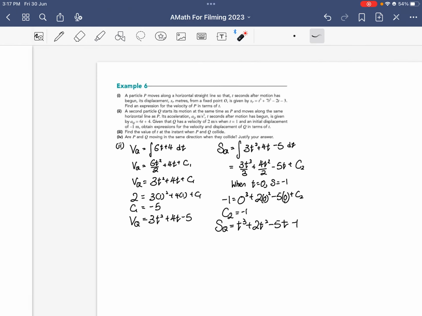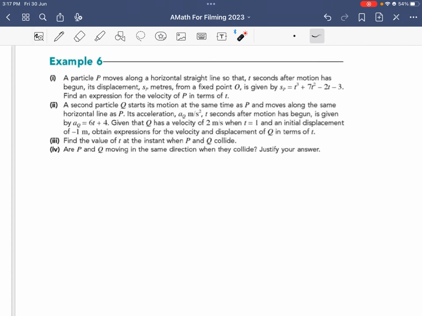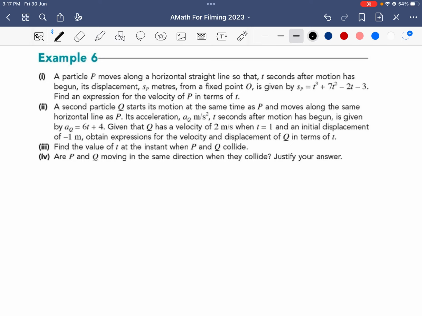Now, part 3. In part 3, what they want us to do is to find the value of t at the instant when P and Q collide. What do they mean by collide? Let me give you a simple analogy. If friend A is in school and friend B is at Hougang Mall, they are at different places.